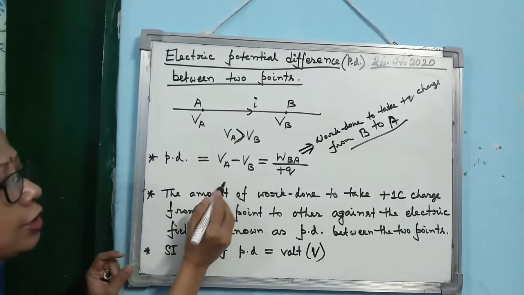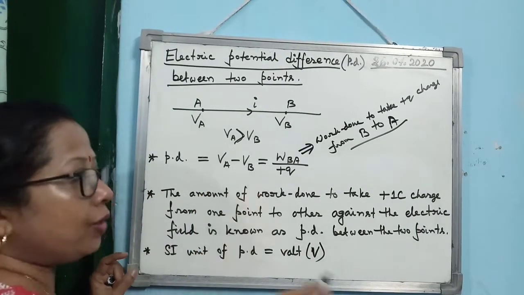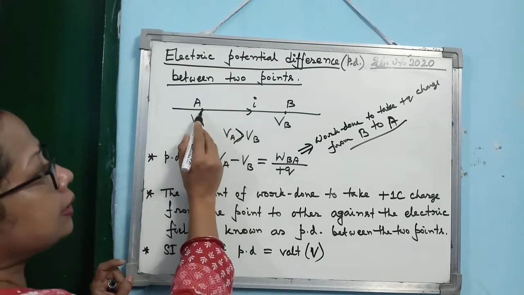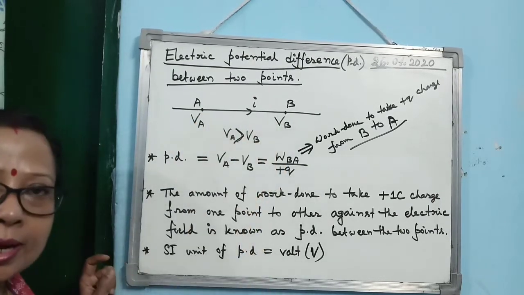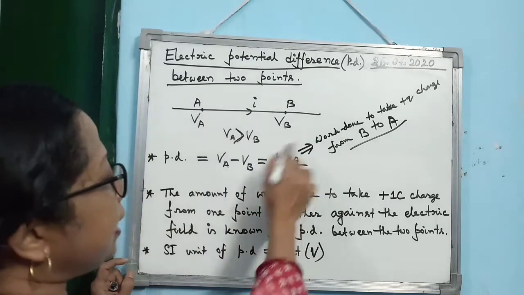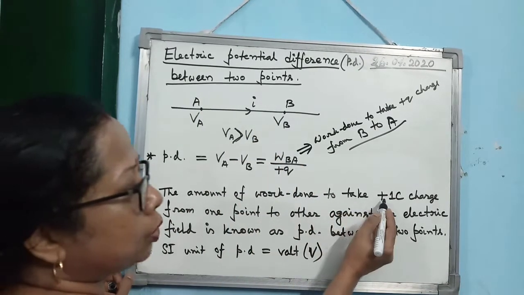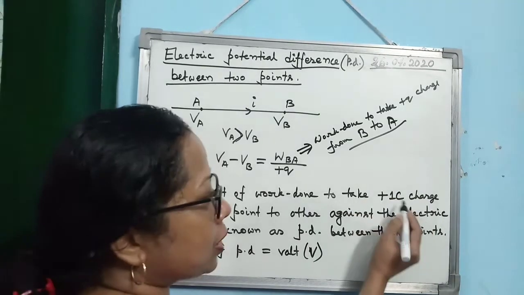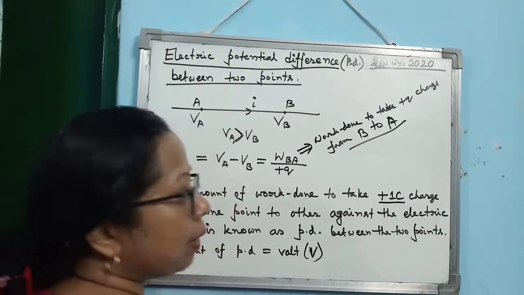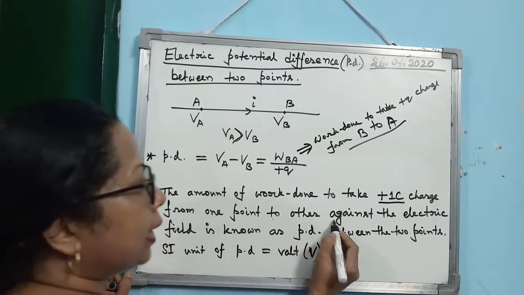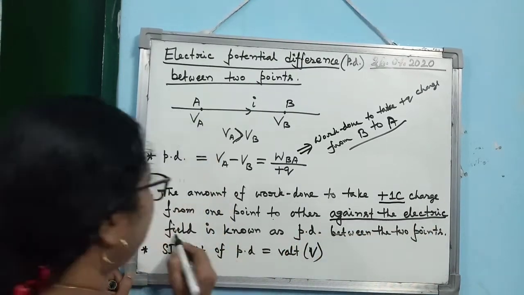When it is the potential difference between A and B, in which direction must you take the charge? From B to A. You cannot take the charge from A to B. So what is the definition of electric potential difference? The amount of work done to take, instead of unit positive charge, you can use the short form plus 1 coulomb charge from one point to another against the electric field.